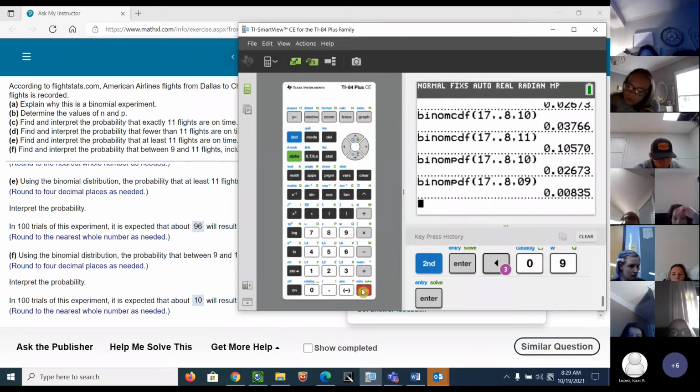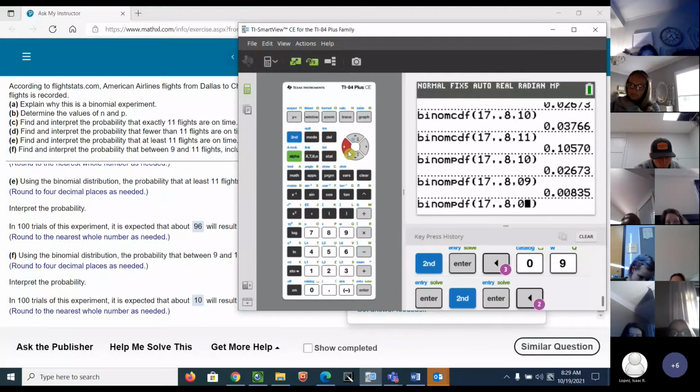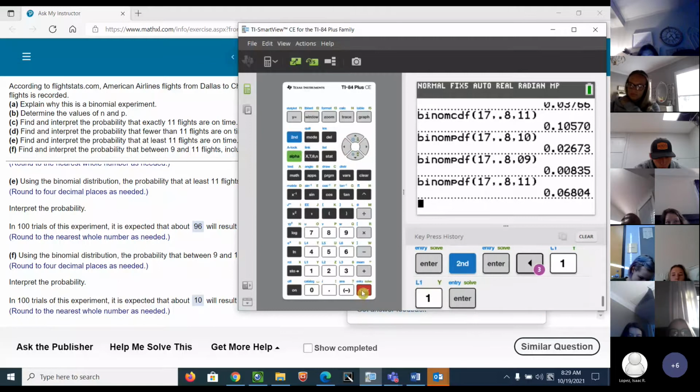That's 0.0084. And then 11, second enter, change that to 11. 0.0680. That's not going to equal what they've got. I don't know what they're doing. So I'm going to add those up.